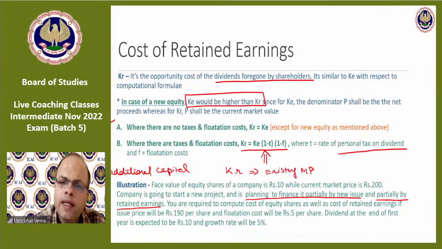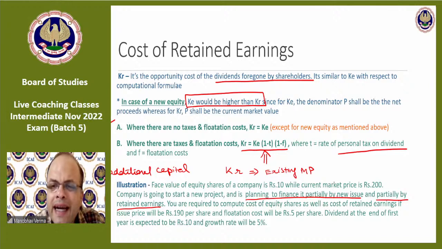Cost of equity, calculating with the Gordon model. We are talking about a dividend at the end of the first year expected to be ₹10 and growth rate given to us at 5%. What is my D1? That's a key part, right?